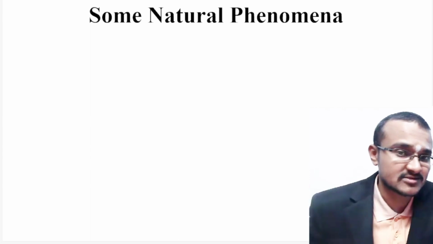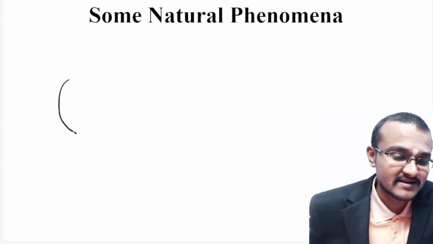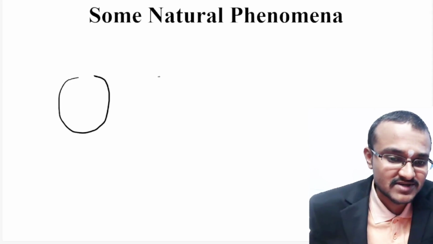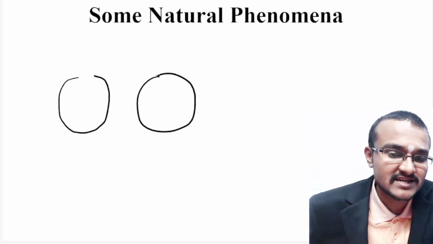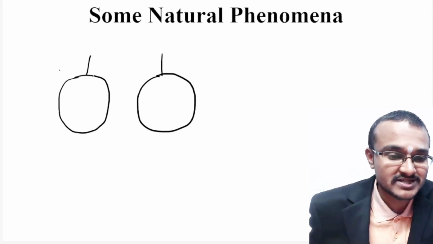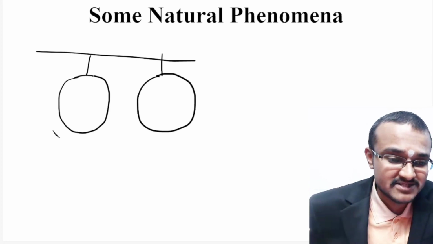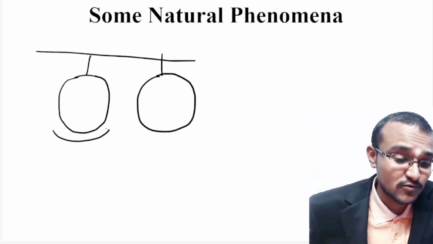Now let us do another experiment. Take two balloons and inflate them, and hang these balloons close to each other from a ceiling. Now bring a woolen cloth and rub one of the balloons with that woolen cloth.